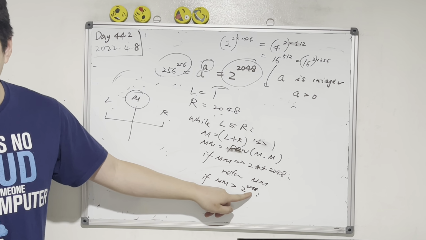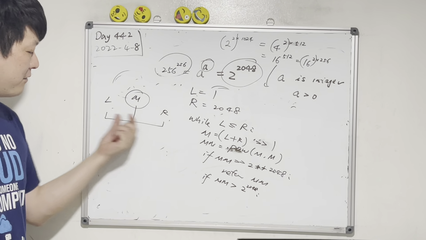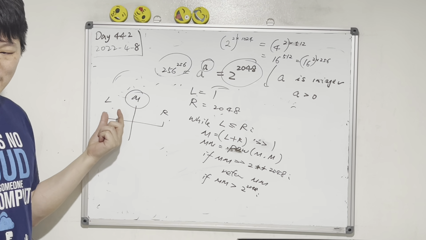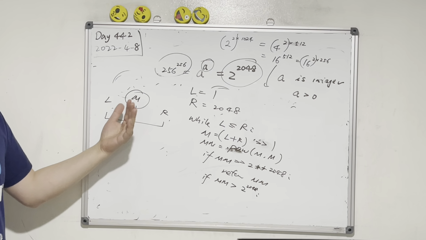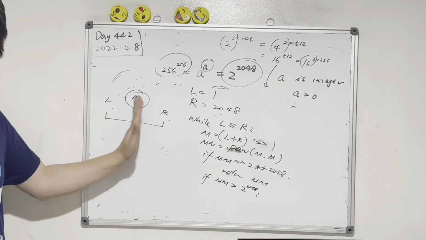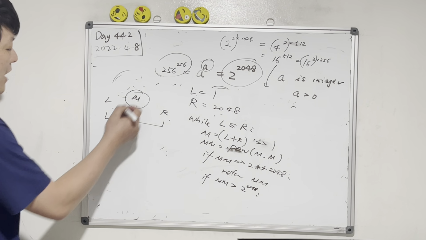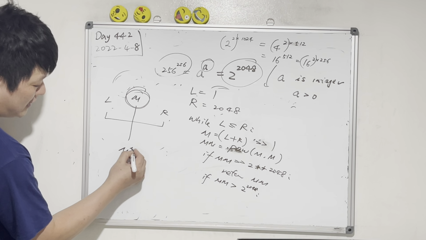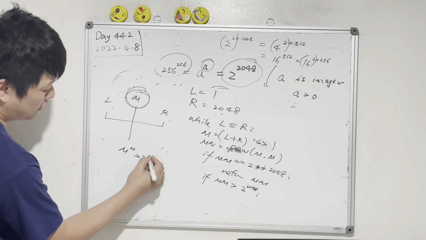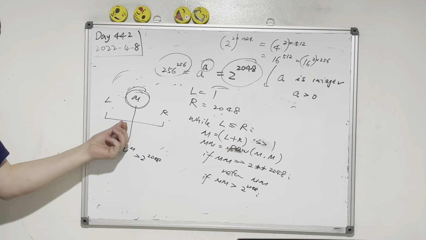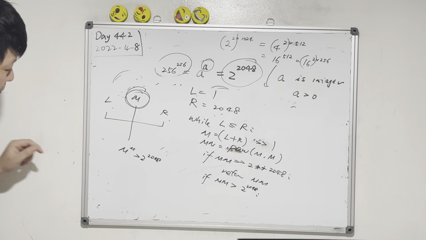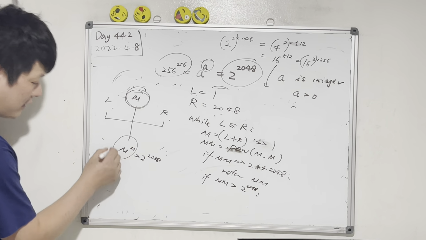If m to the power of m is actually bigger than 2 to the power of 2048, which half is it? Left or right? Come on. If this number is bigger than that, we should look to the left, right?